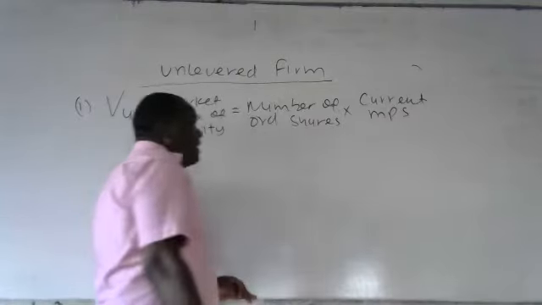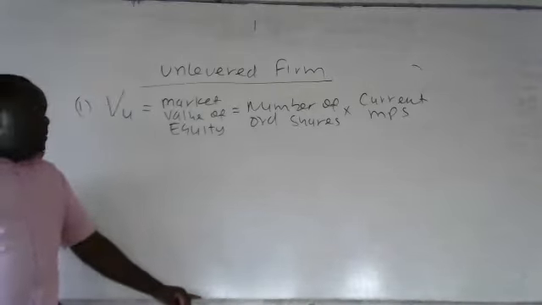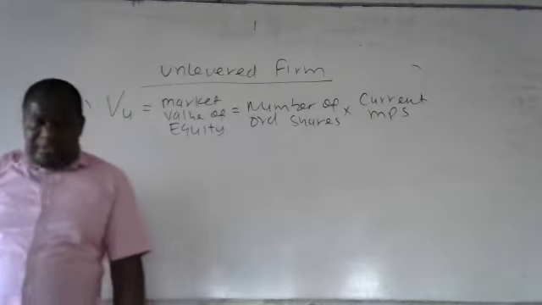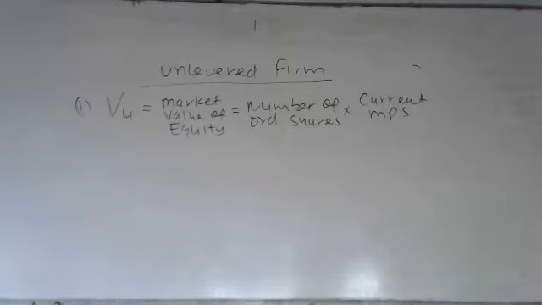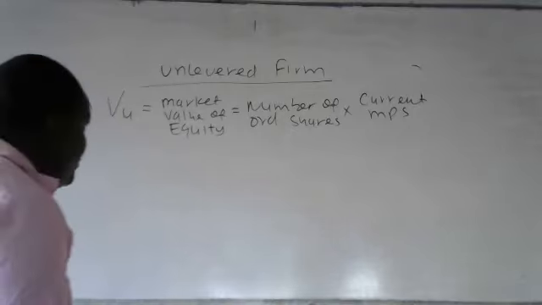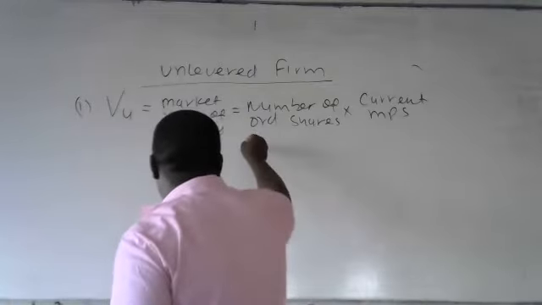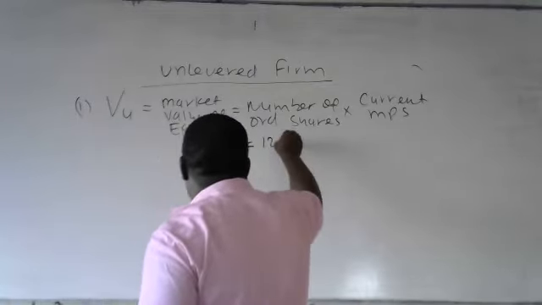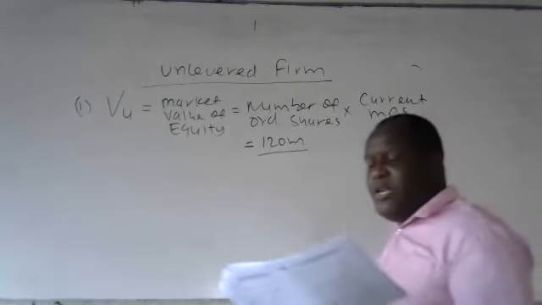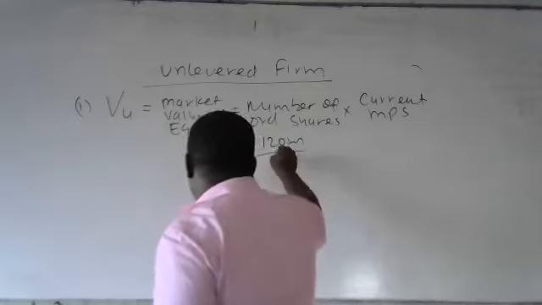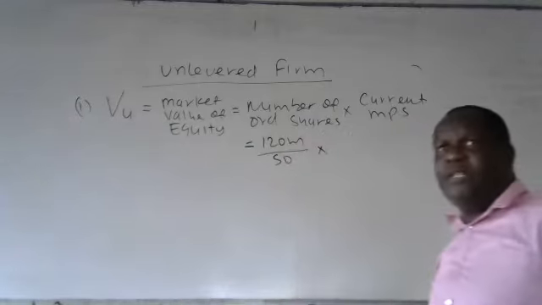When you check the capital structure, the question gave you ordinary share capital of 120 millions. We divide by the par value per share, which was given as 50. This gives me the number of ordinary shares.